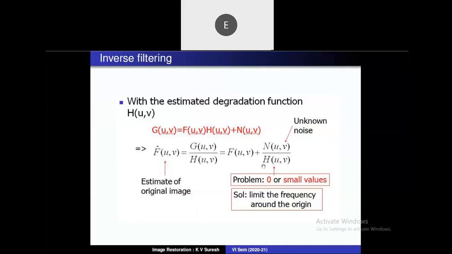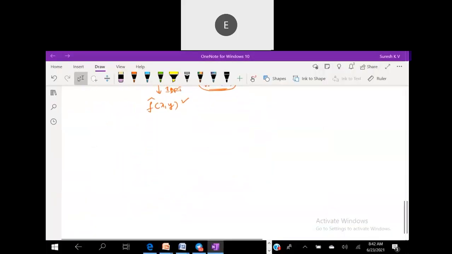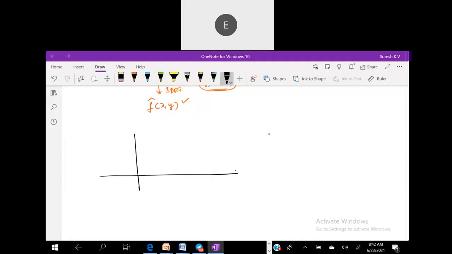Let me just explain this with the one note. What I meant here is, a simple low pass filter has this type of response, all of you know.